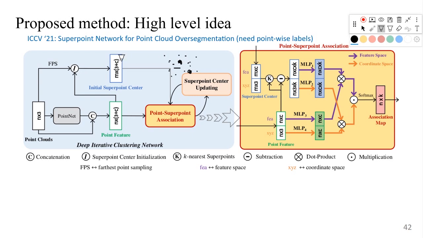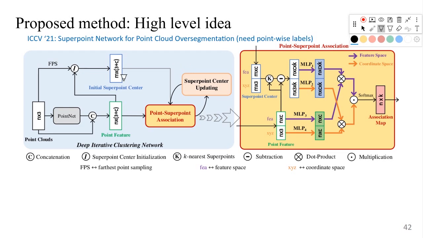To get the C for each superpoint, we consider the neighbors. For these neighbors, we query the corresponding point features C, and the paper averages these point features to get the initial centroid for superpoints in the feature space.